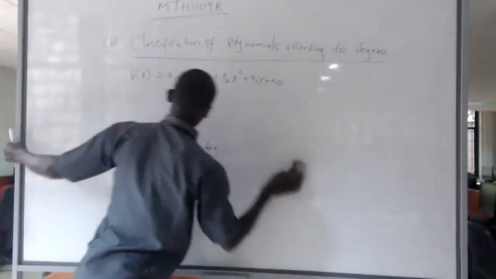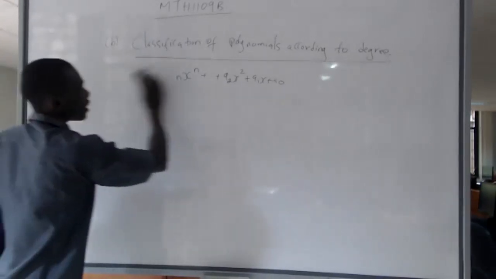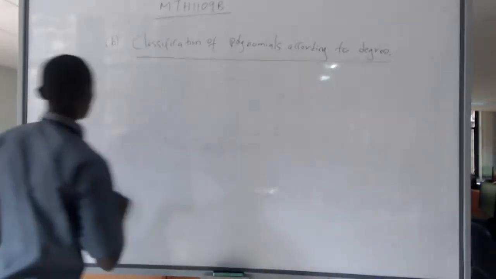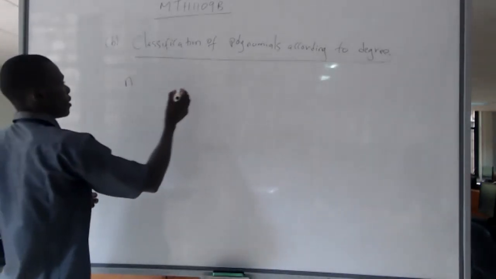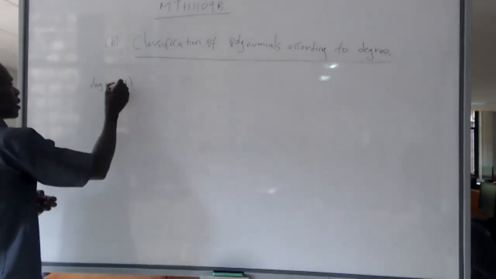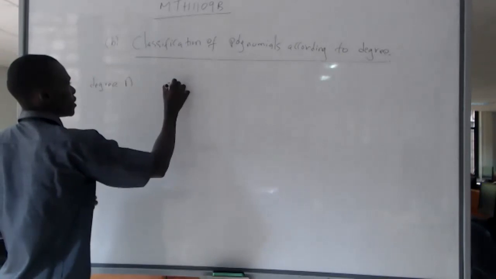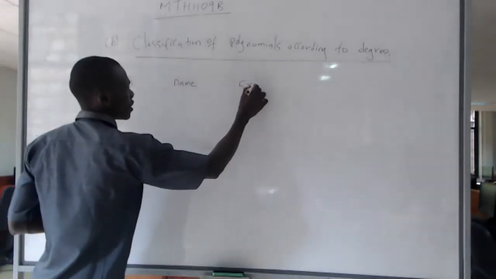They will slightly follow the ordinals of the Latin language. There are some of you who have learned Latin, so this will be easy for you. So let me have n, the degree, then the name of the classification, and then I give an example.